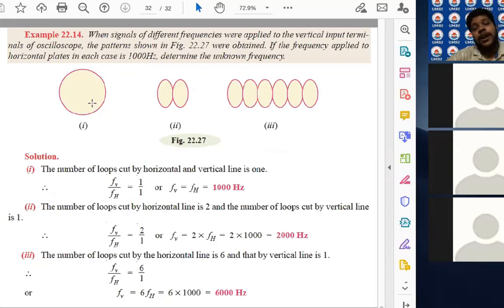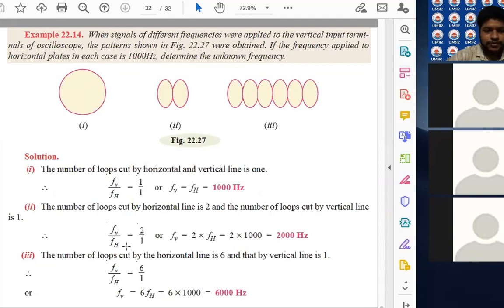So we came to know that if we get this pattern, it means we have applied a signal of 1000 hertz on the vertical input. Similarly, this is for another. If you go for this figure and draw the line, it will be 2 and 1.